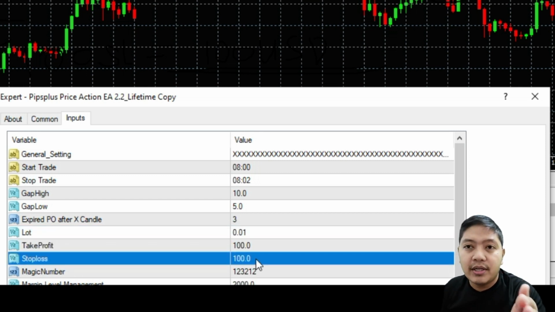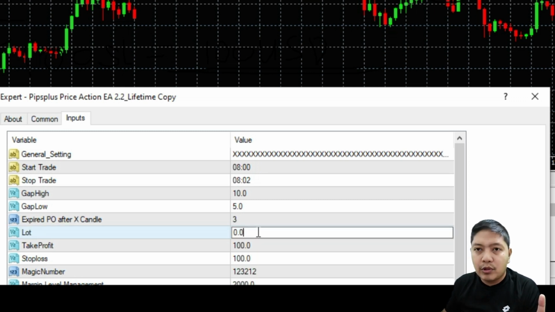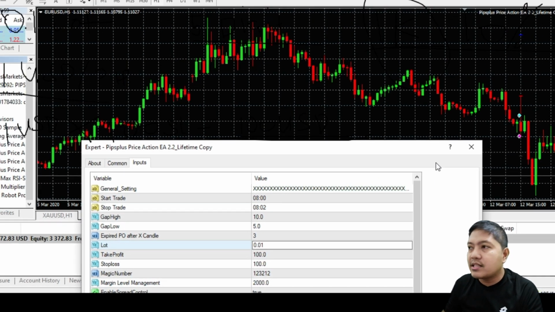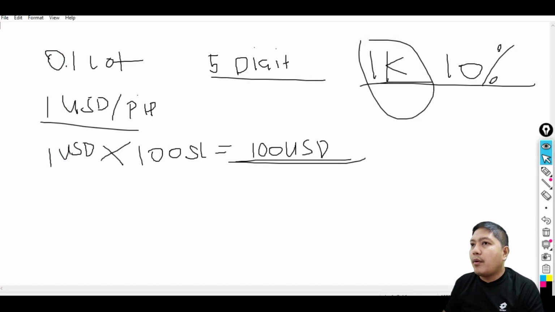We reduce the lot size, or we can change it to 0.02 or 0.05, it's up to you, but we will try 0.01 lot size. Since 10% possible loss on your account is too high, very high, what if we use diversification?